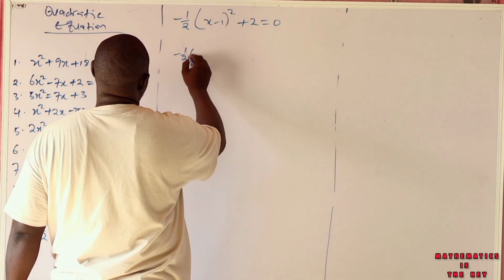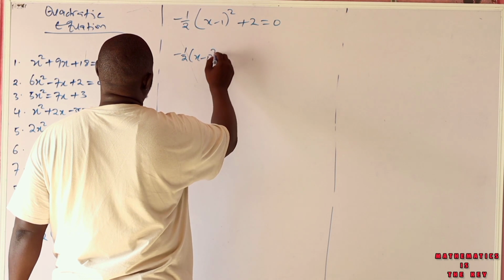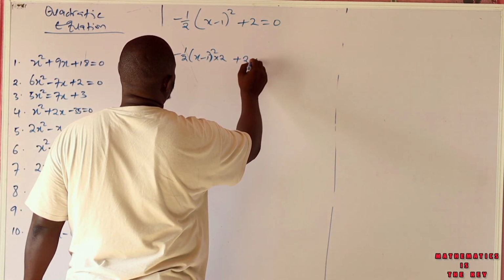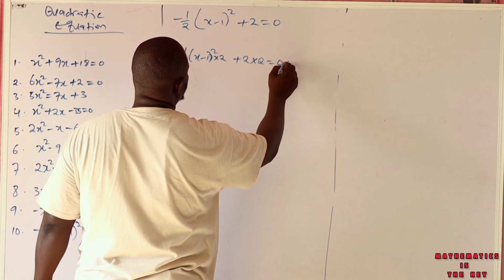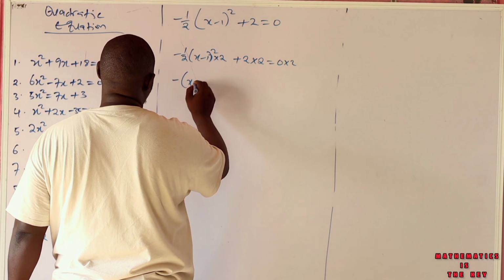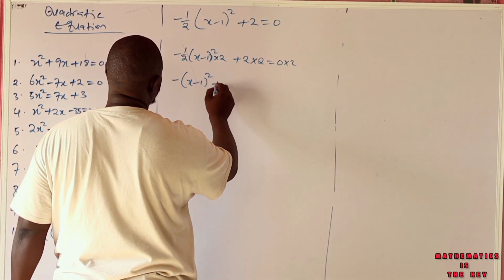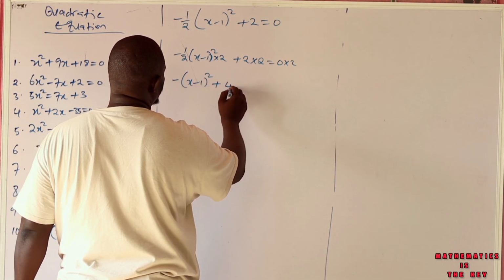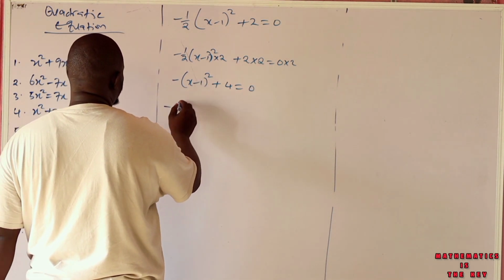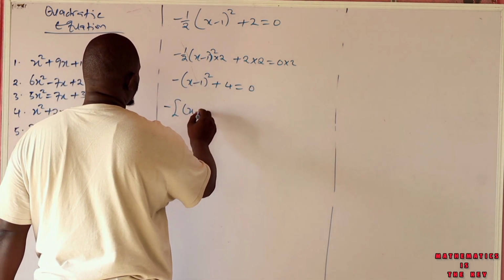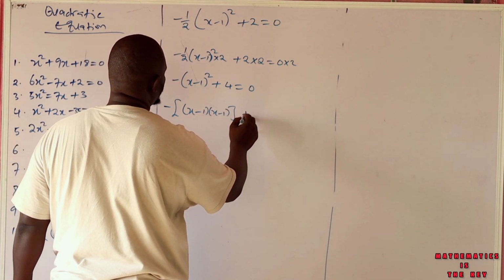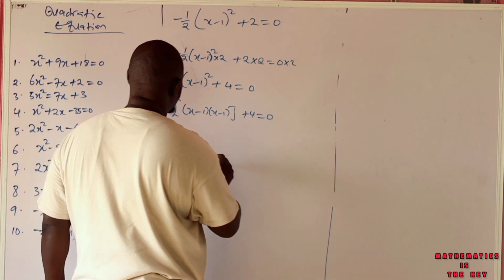We'll have minus 2 into bracket x minus 1 squared multiplied by 2... so on this side we have minus into bracket x minus 1 squared plus 2 multiplied by 2 is 4, and 0 multiplied by 2 is 0. We expand this bracket: minus x minus 1 squared plus 4 is equal to 0.